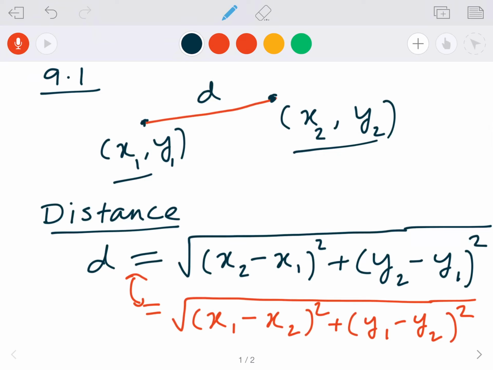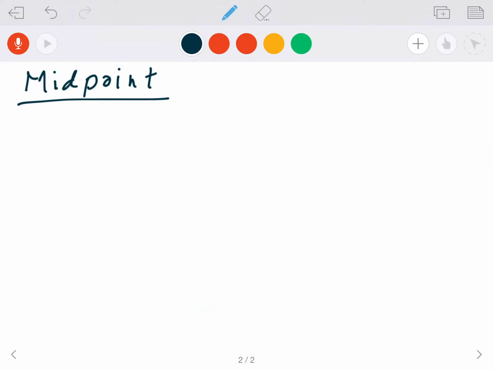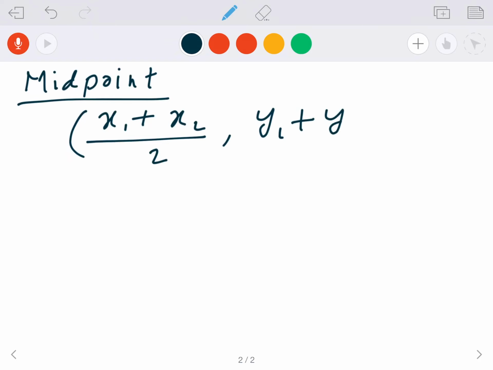Again, we need to find the midpoint of these 2 points. For the midpoint, there is another formula: x1 plus x2 over 2, comma, y1 plus y2 over 2.